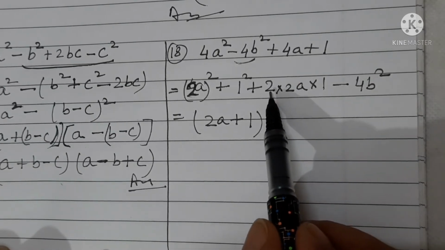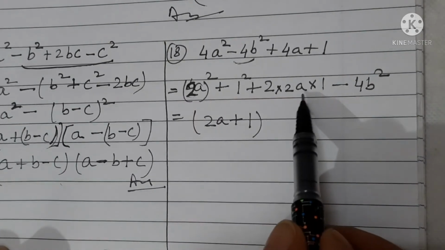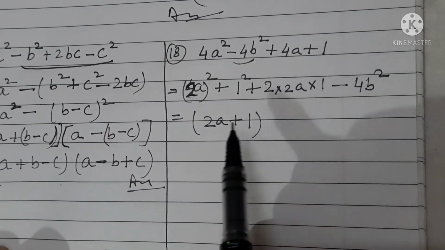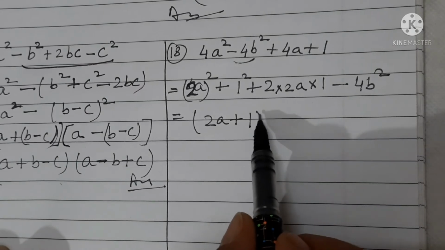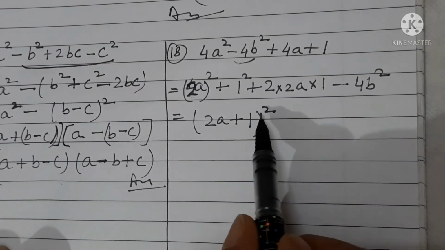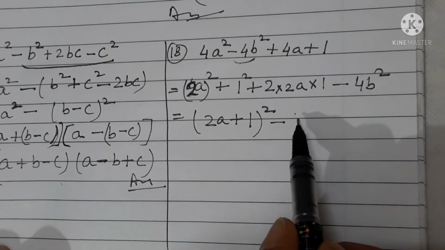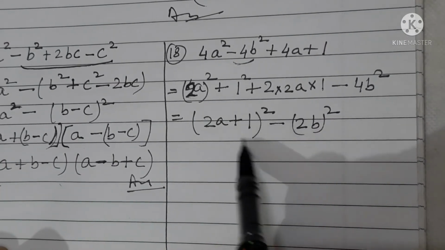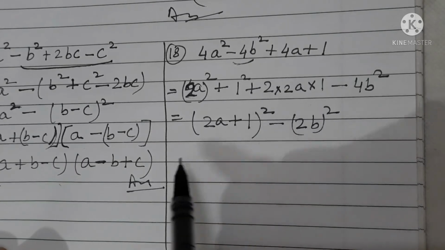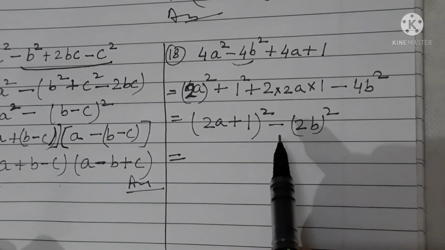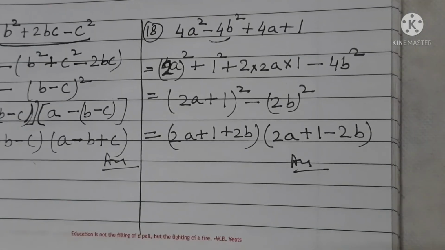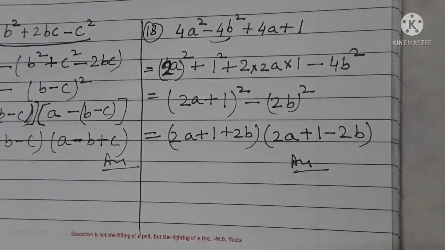So a means 2a, b means 1, so 2ab. Now this is the whole square (2a + 1)² minus (2b)². Now this is in the form of a² − b², so use the identity and write the answer. Now this is the answer.